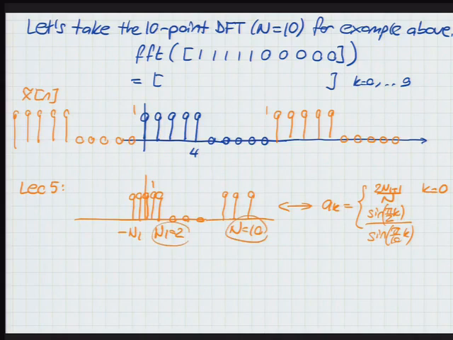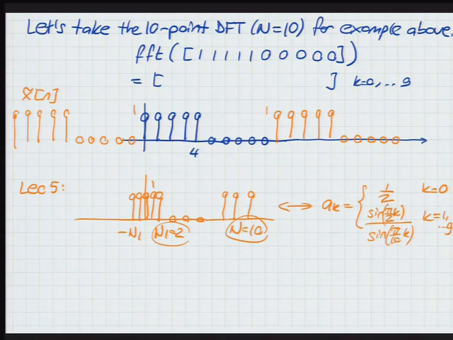And of course, this should simplify as well, right? 5 by 10, 1 over 2. So that's for k equal to 1 to 9. And of course, Fourier series coefficients are periodic. We only need 10 of those, so those are the ones.